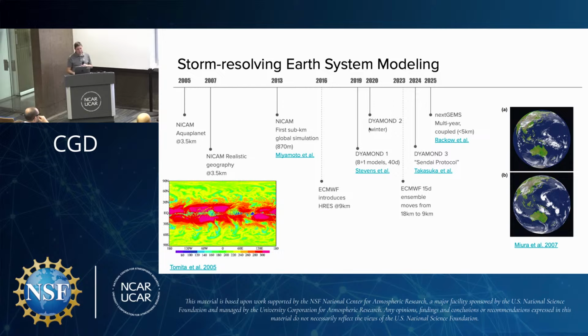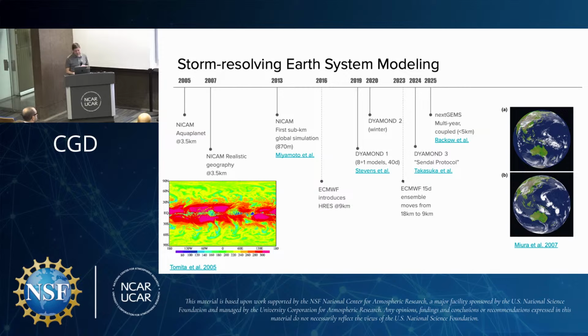They followed that up with DYAMOND 2 in 2020 with a northern hemisphere winter case, again starting all the models from the same initial condition and running for 40 days. These produced enormous data sets that have been analyzed for the last 5 or 6 years, and we've been learning a lot about global storm resolving models and what they're capable of.